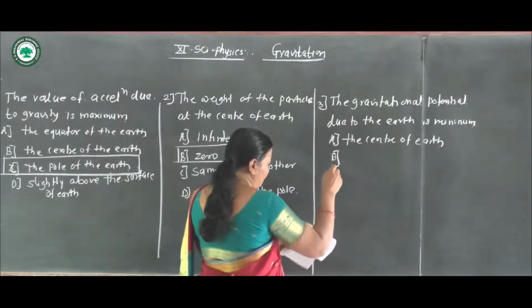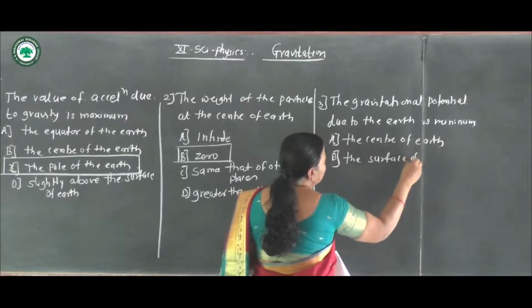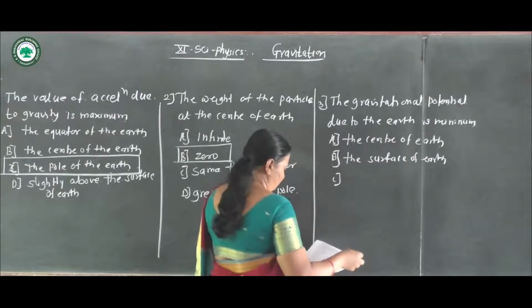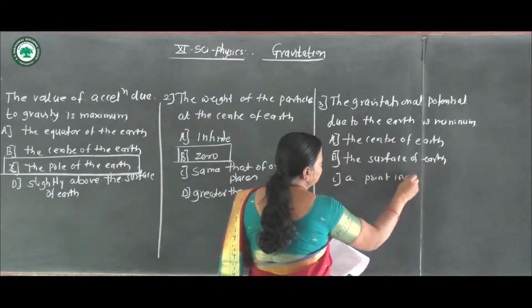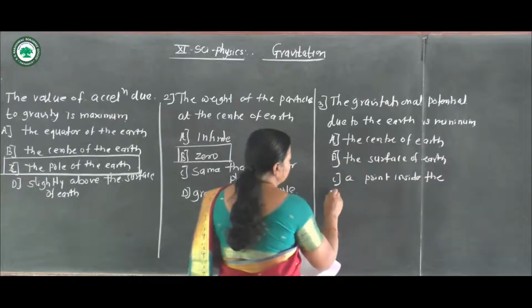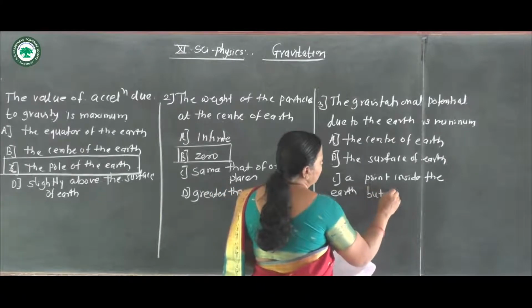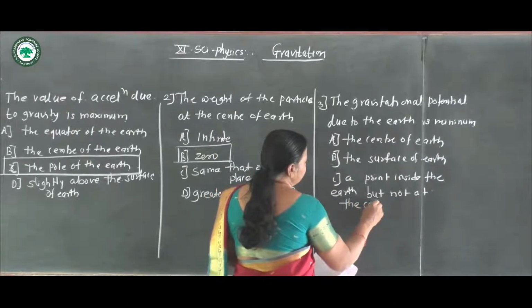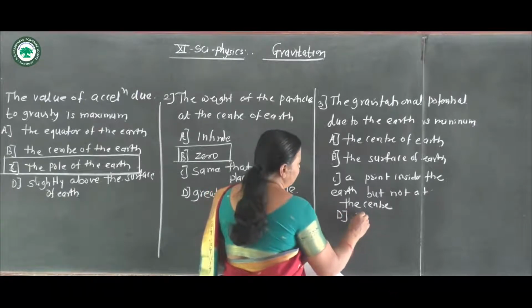B option, the surface of earth. C, a point inside the earth but not at the center. And the last option, infinite distance.